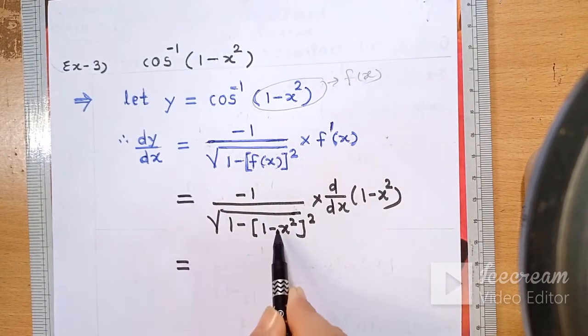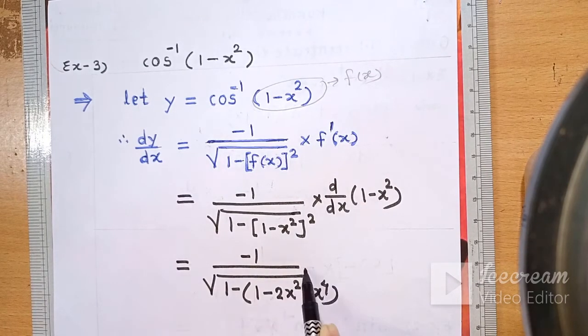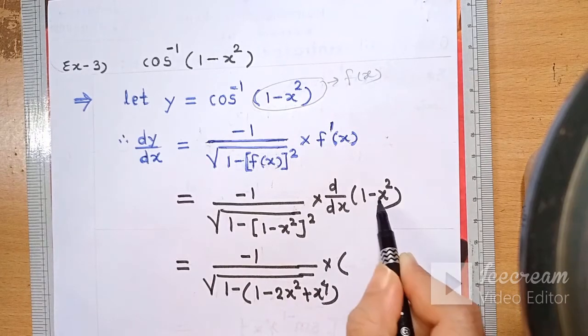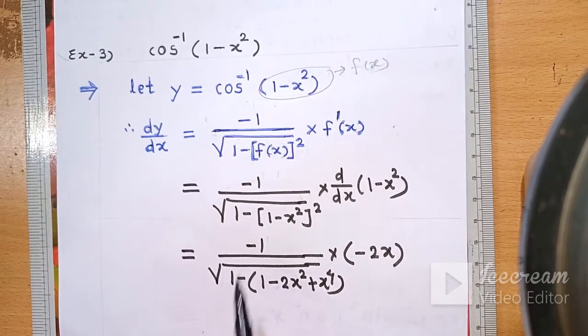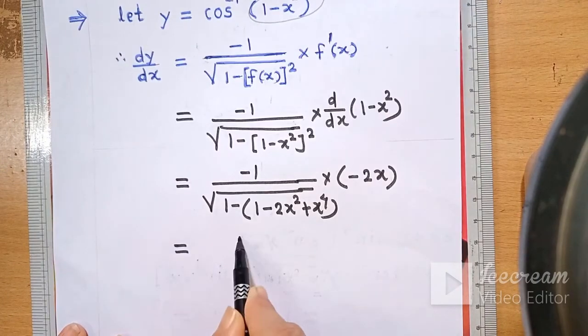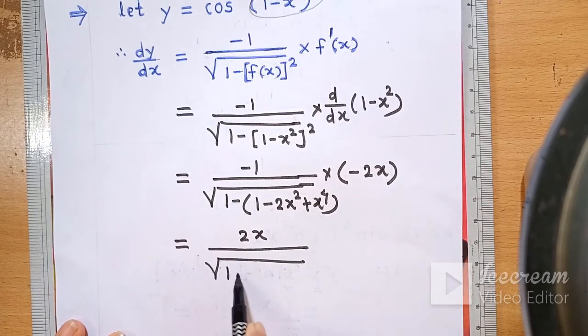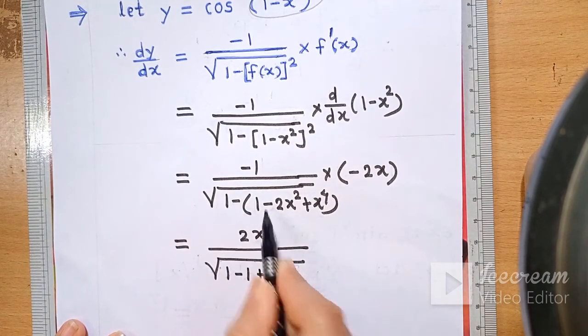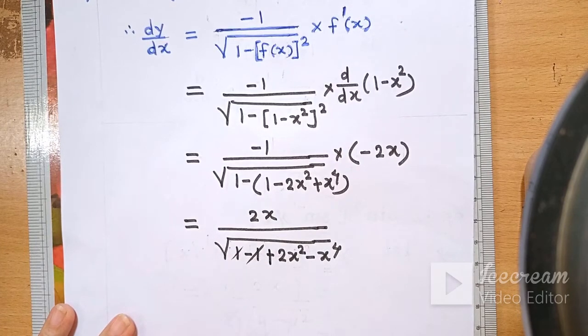Now we will expand this bracket, so here under root 1, and here the derivative of this is minus 2x. Since 1 is constant, its derivative is 0. Now again in the next step, this minus minus becomes plus, so here 2x upon root. Now solve this again, 1 minus 1 minus minus plus 2x square, and again minus x raised to 4, and so plus 1 minus 1 get cancelled.